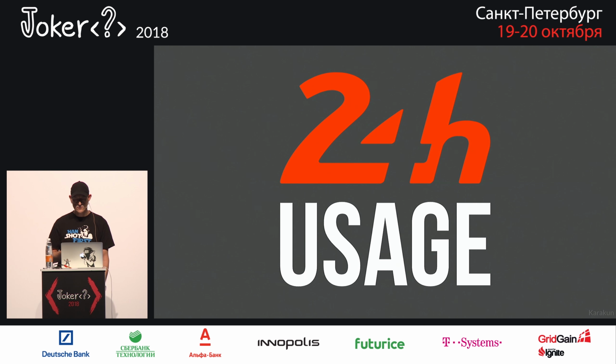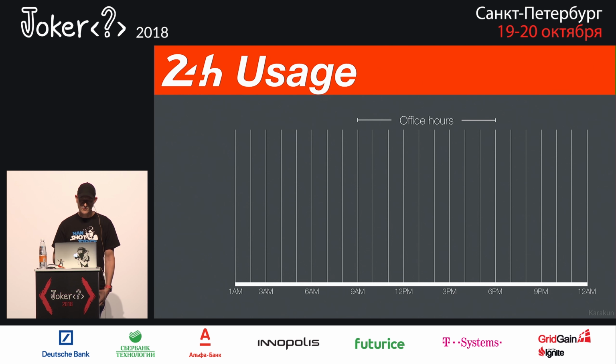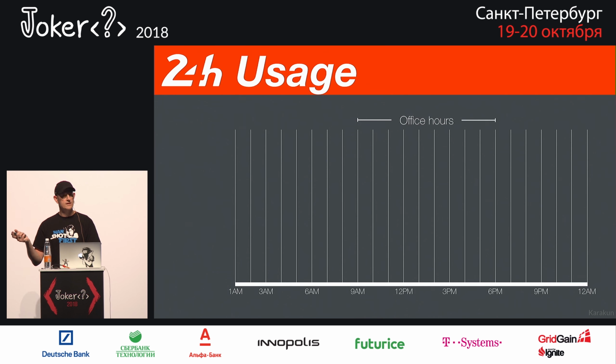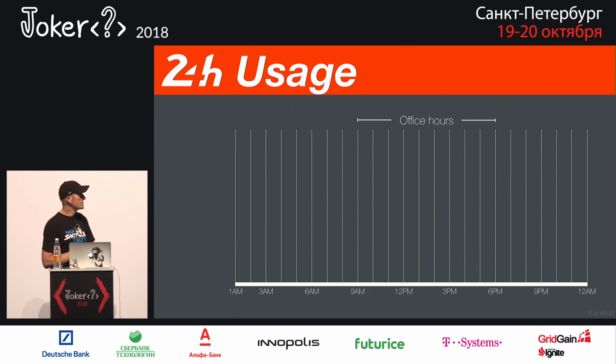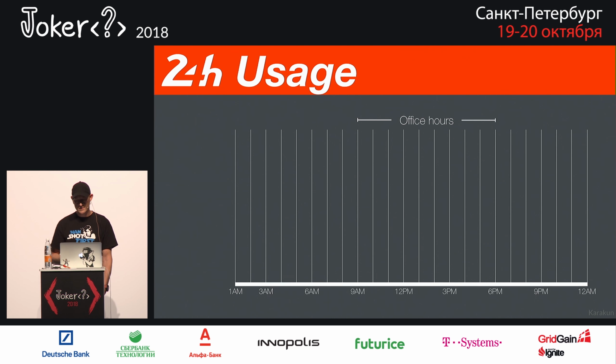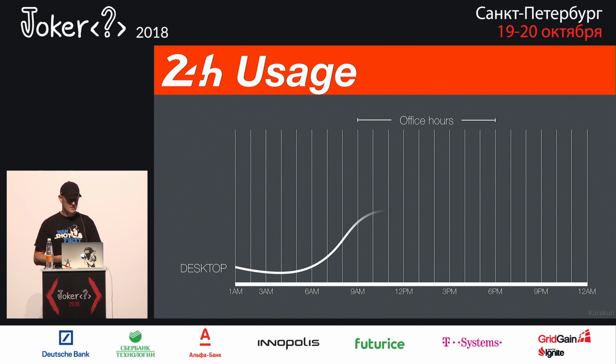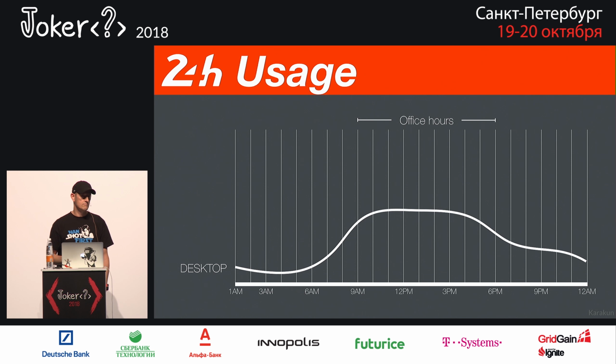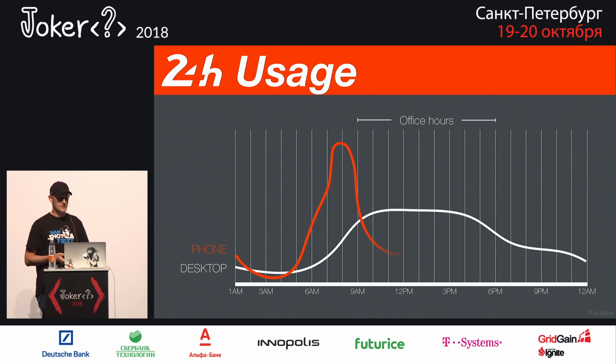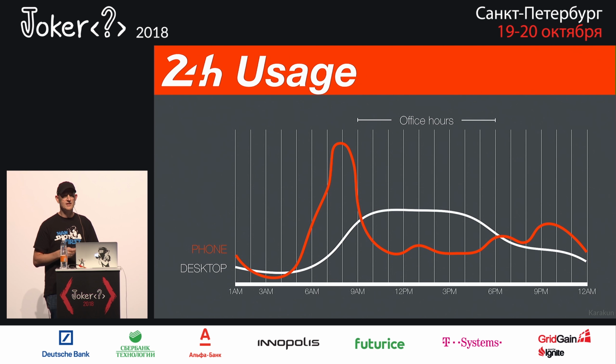Then the second thing we figured out was the 24-hour usage of a mobile phone and the desktop computer. And that's quite interesting. If you take a whole day and you have the office hours here from 9 to 6 roughly, then you see the desktop usage is like this, right? And if you then see the mobile phone usage, it looks roughly like that.